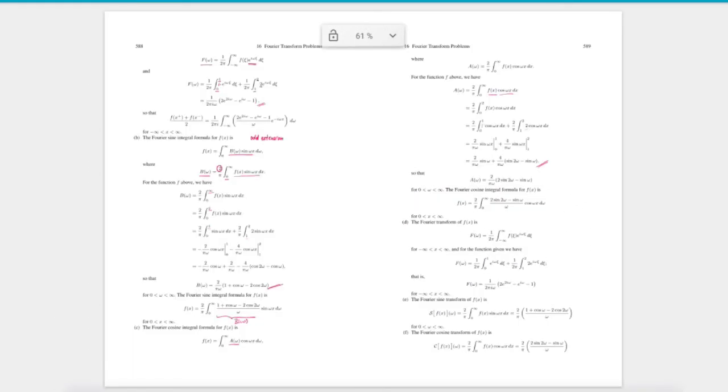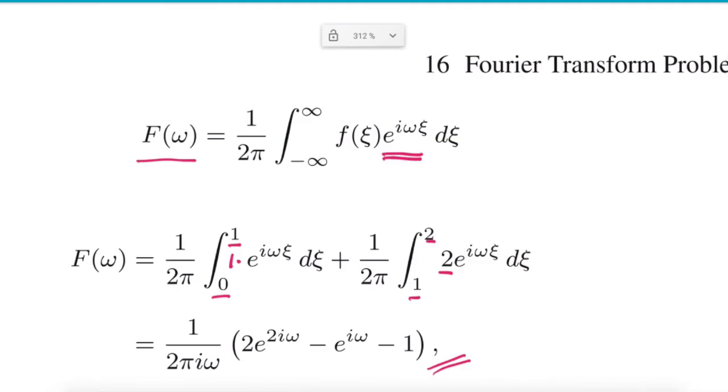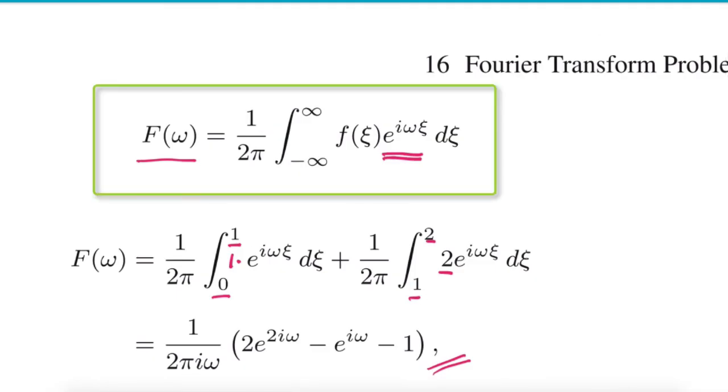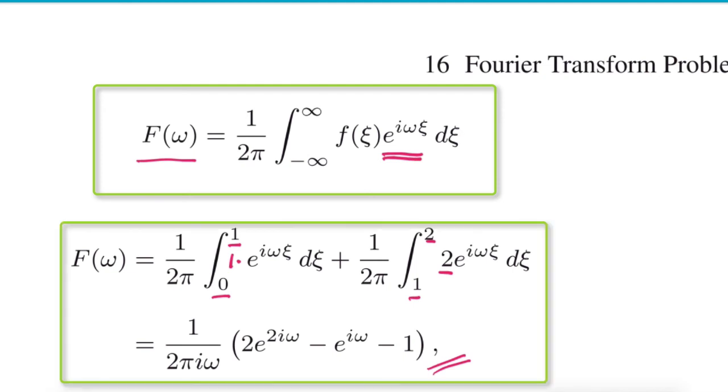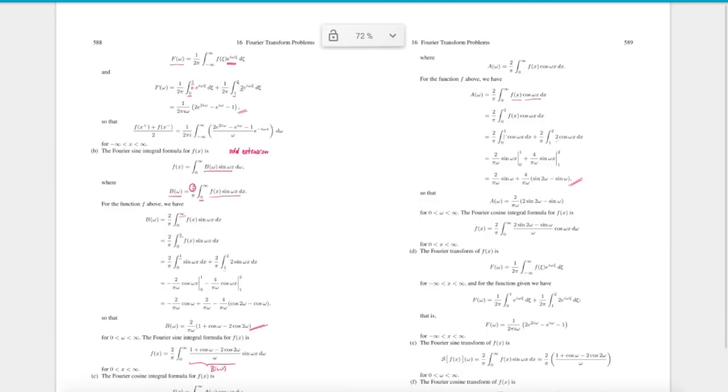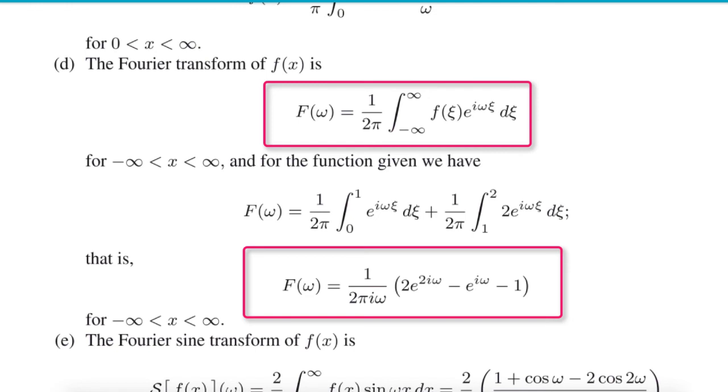Let's go back. You see here on top, this is where we computed the coefficient of the complex Fourier integral formula. It's the same thing. Which means we don't even need to calculate it again. We can just use the result which we have. And so this is the Fourier transform. The Fourier transform is the coefficient we were looking for.